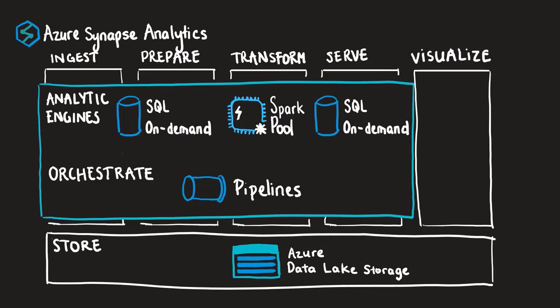And especially if they're looking at going into making machine learning models and so on, Spark has more functionality for that than just the SQL on-demand pool. As you can see, I have not actually put in the SQL Pool, the provisioned version, here, because it's not necessary that they actually need it in the first phase.